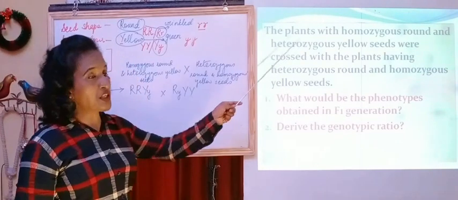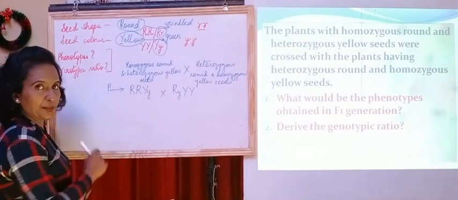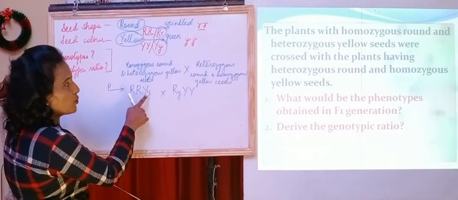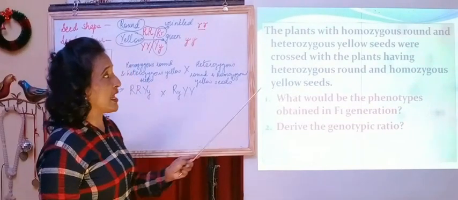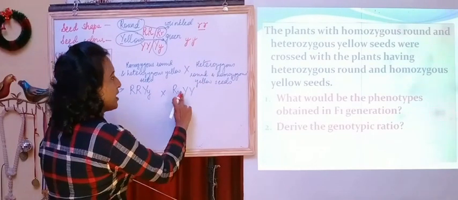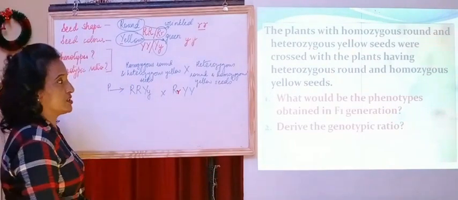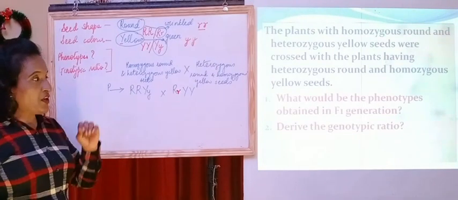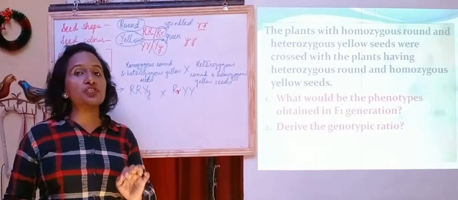So in this question it is said plants with homozygous round. So homozygous round means capital R, capital R, and heterozygous yellow seeds, so heterozygous yellow, capital Y, small y, since it is the heterozygous one. It's crossed with the plant having heterozygous round, so capital R, small r, okay, and homozygous yellow seeds, capital Y, capital Y, okay. So the question asked is, what would be the phenotypes that would be obtained, and second, derive the genotypic ratio.